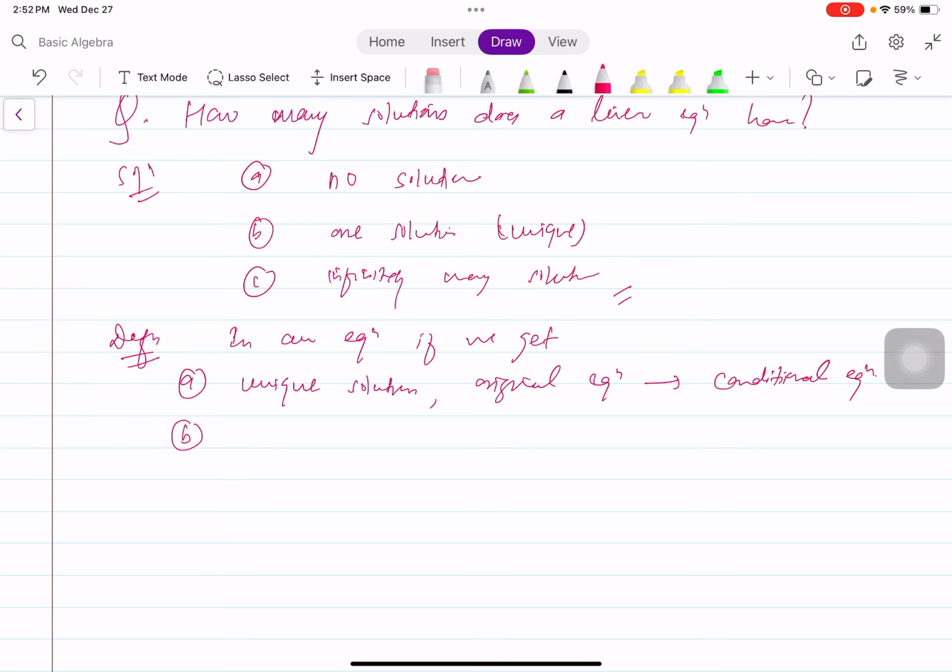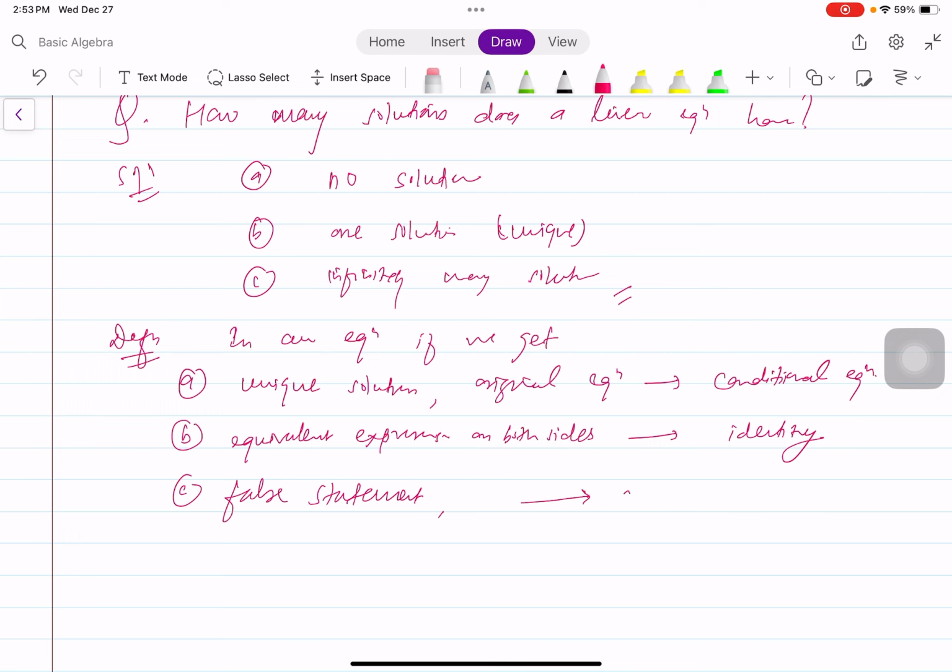Whereas if we get equivalent expressions on both sides, left hand side and right hand side, then it is called an identity. And number C, if we get a false statement, then the original equation is called a contradiction.